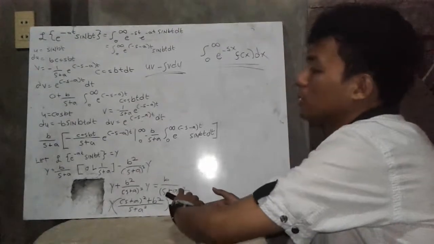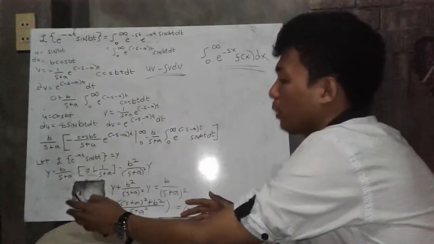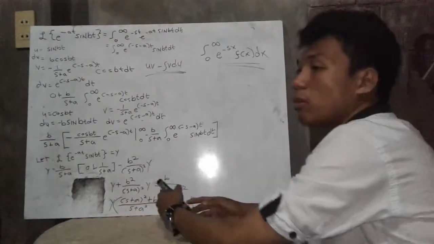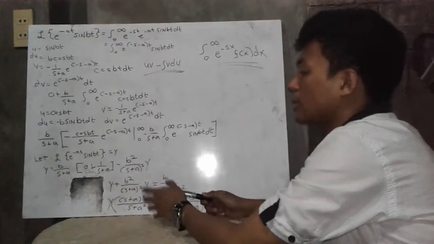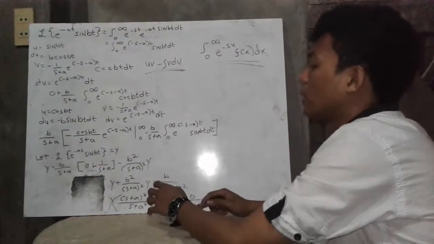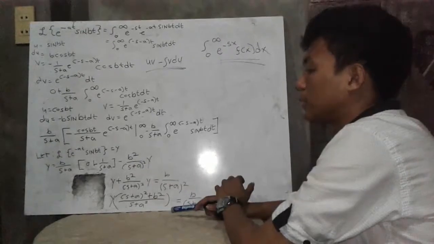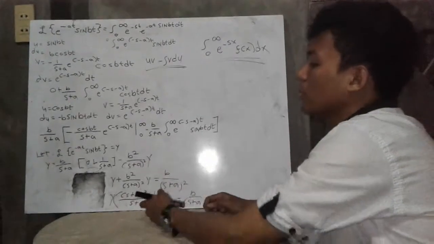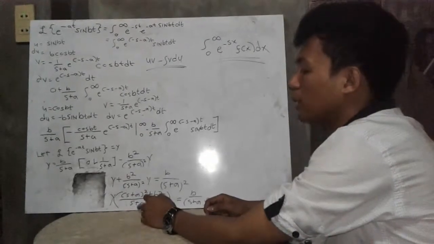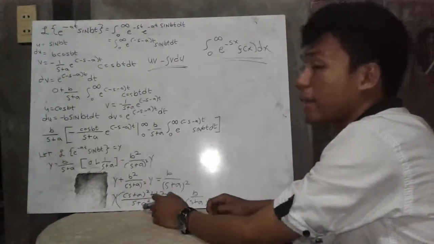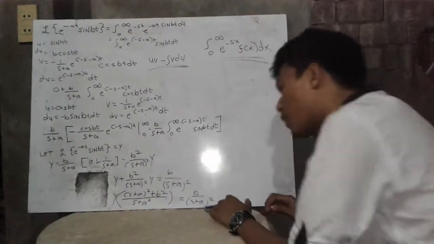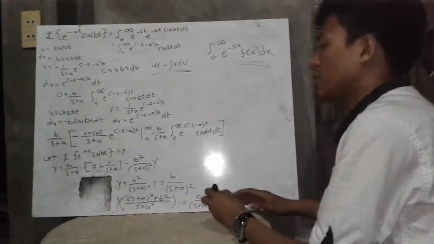Then transposing it to the other side of our equation, we got y plus b squared over s plus a squared times y is equal to b over s plus a squared. So again, we got y times s plus a squared plus b squared over s plus a squared is equal to b over s plus a squared.